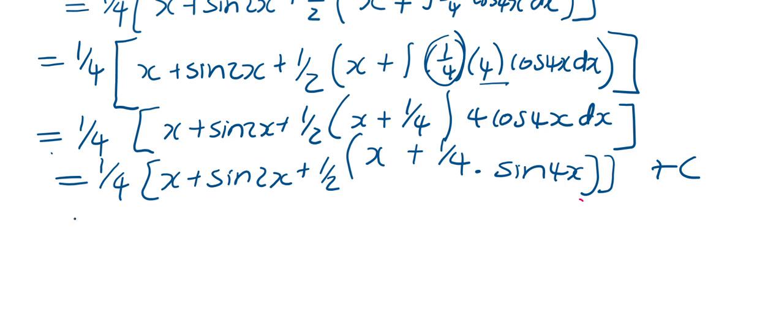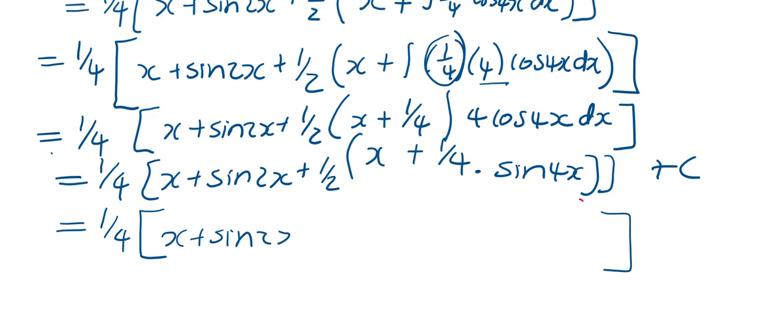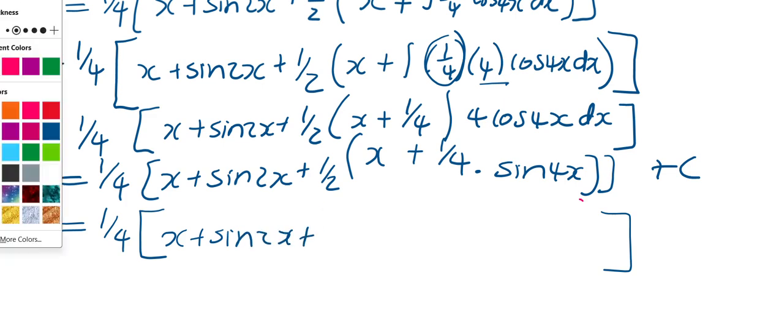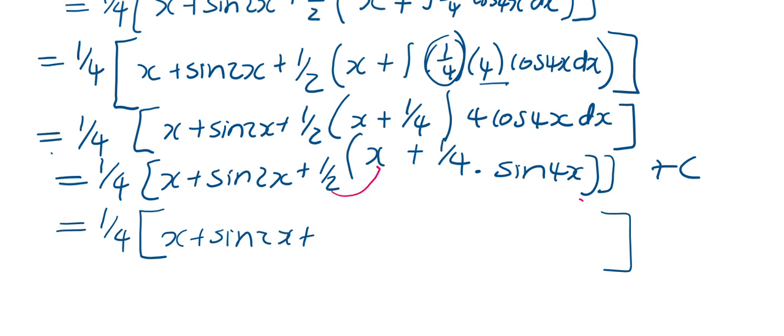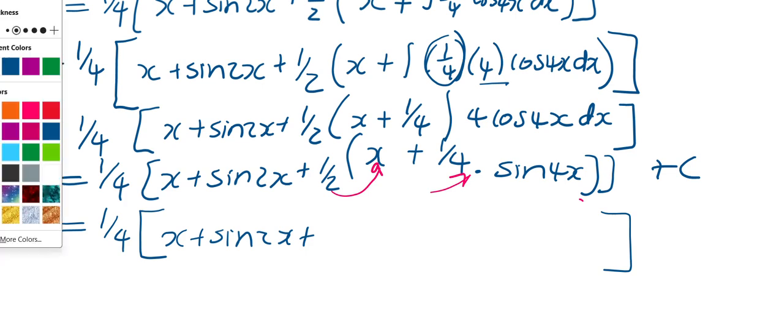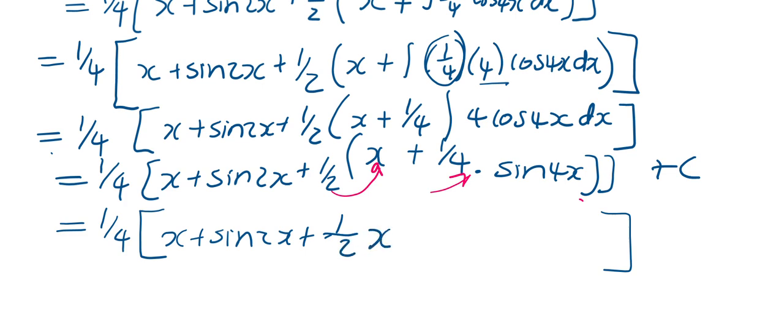So this is now equal to 1/4 (x + sin 2x + ...). Now multiply all this inside this half, multiply by that, plus that multiplied by that, that half multiplied by that term. So this is equal to 1/2 x plus 1/8 sin 4x.